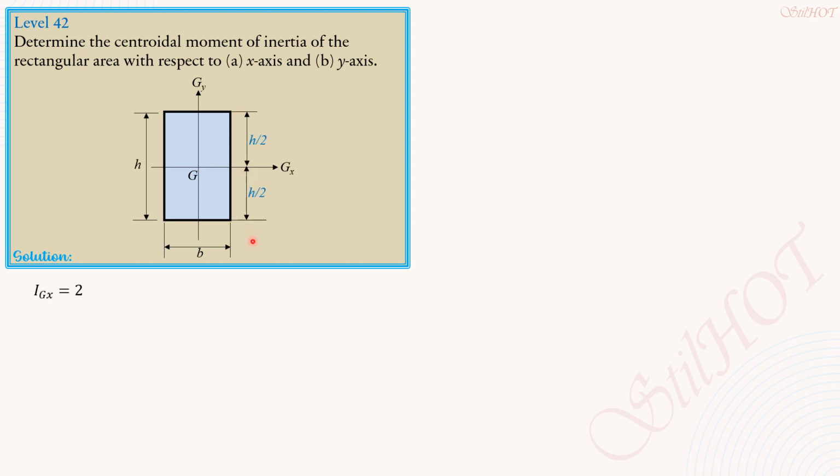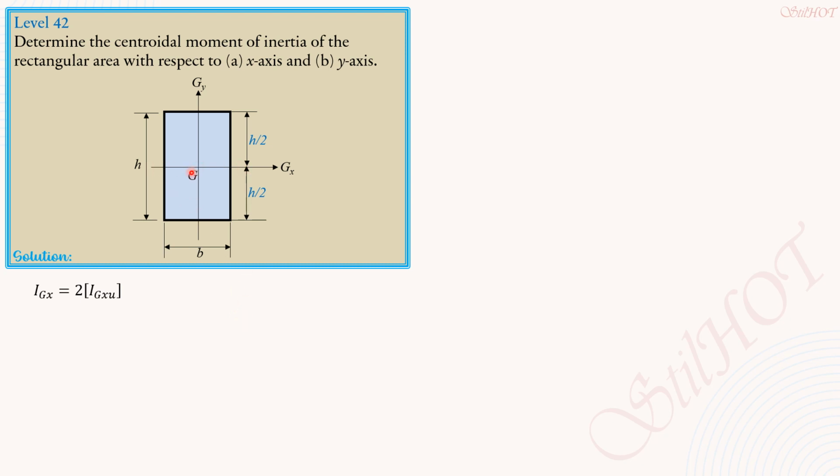Therefore, IGX is 2 times I of the rectangle with respect to the base, which is also the centroidal x-axis, denoted by G sub x. So it is 2 times the moment of inertia with respect to the GX axis of the upper rectangle. That's why we multiply it by 2, because the lower rectangle is identical to the upper rectangle. And we have here the common base.